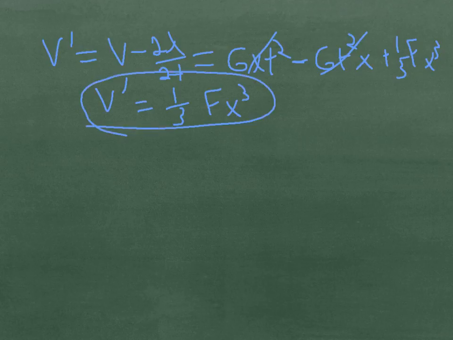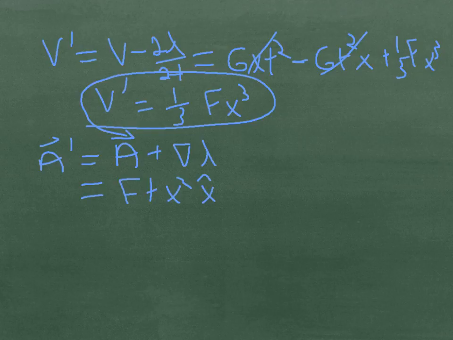Now we need A prime, which is equal to always A plus grad lambda. In this case, that's equal to A, which is f t x squared x hat. And then when we add the grad lambda, that gives us from the first term plus 1/3 g t cubed x hat, and then minus from the second term f t x squared x hat.